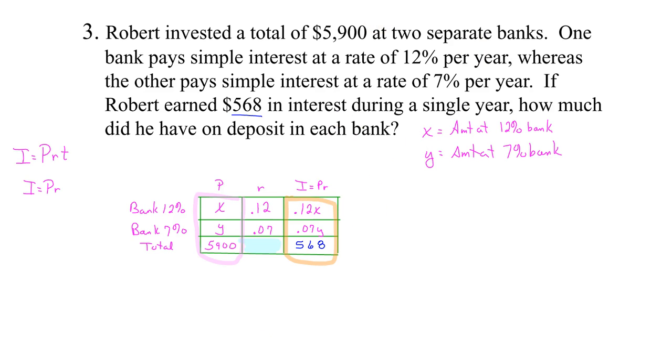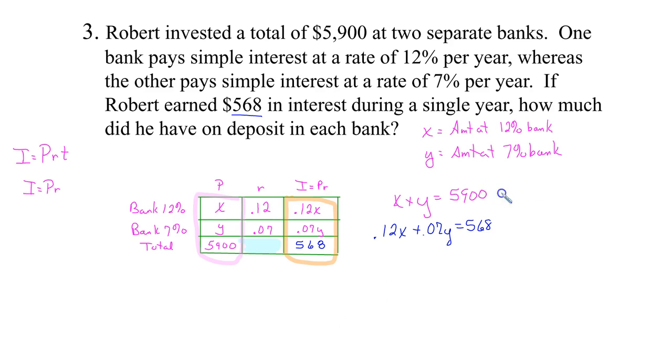The first equation is x plus y equals 5,900, long day. The second equation is 0.12x plus 0.07y is equal to 568. Excellent! You're getting the hang of this.